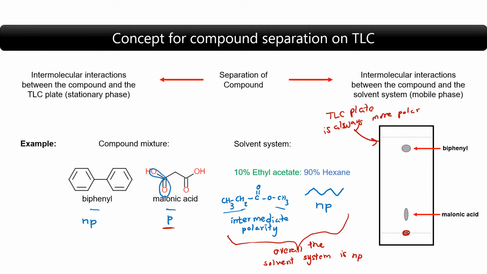So instead, it would form intermolecular interactions with the polar TLC plate and therefore not move that far from the starting point. So the mixture of these two compounds has now separated into their own spots based on their polarity properties and based on the polarity properties of the solvent system.